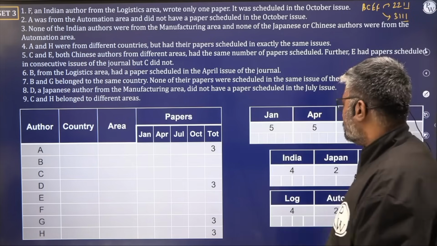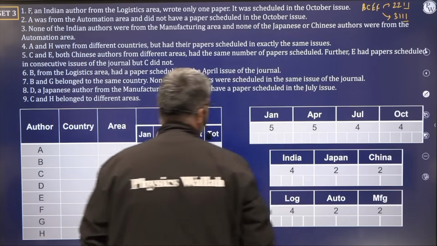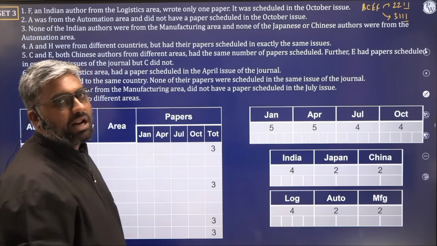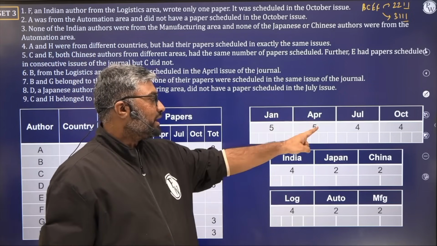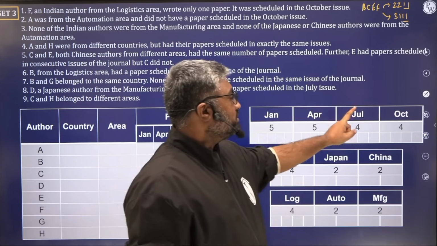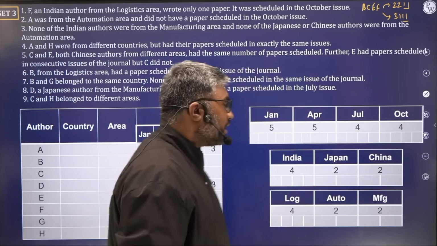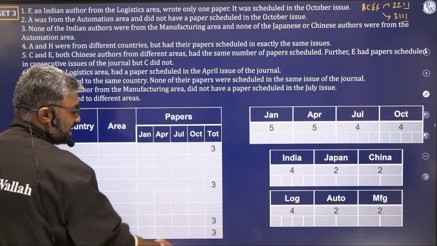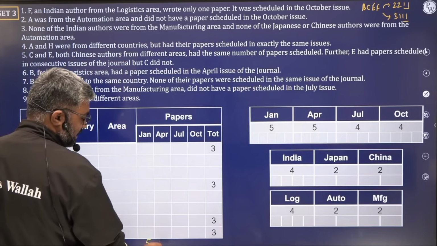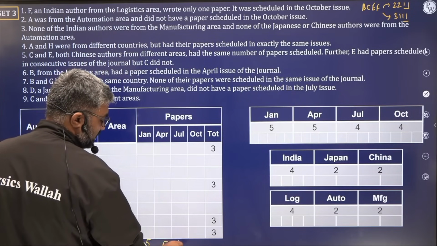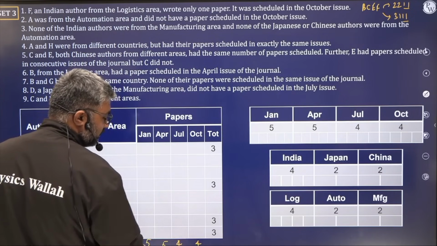Besides that, this is only to track if we have 5 Jan issues, 5 April issues, 4 July, 4 October. You can also put it here if you want, that the total for Jan should be 5, April should be 5, July 4, and October 4.